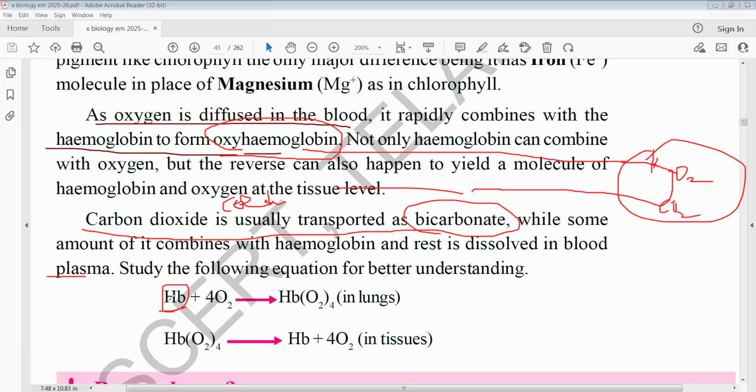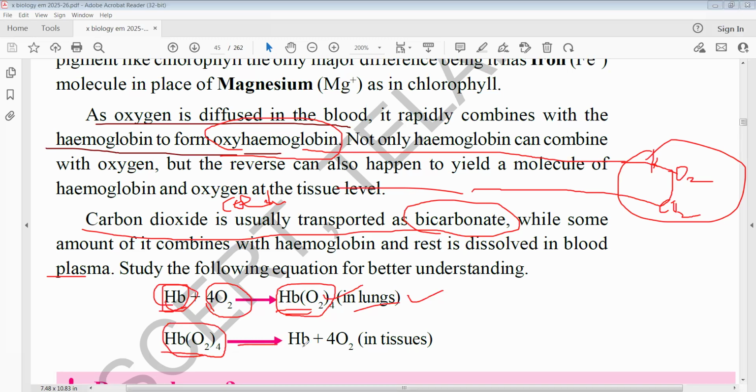Hemoglobin binds with four oxygen molecules and forms oxyhemoglobin, HbO8, in the lungs.